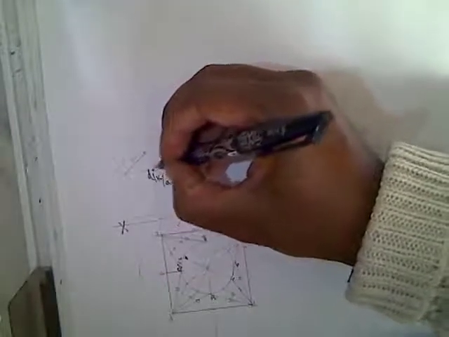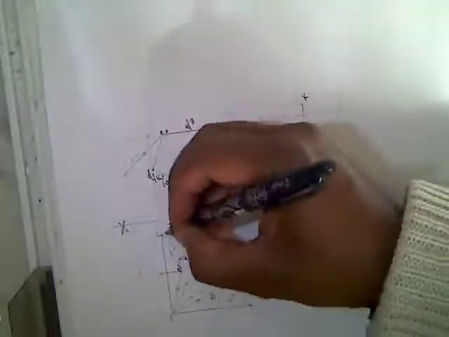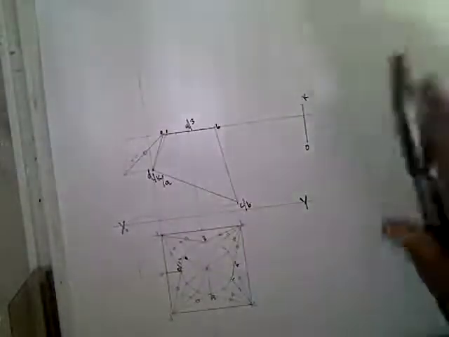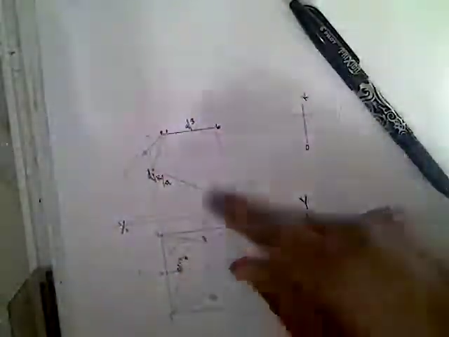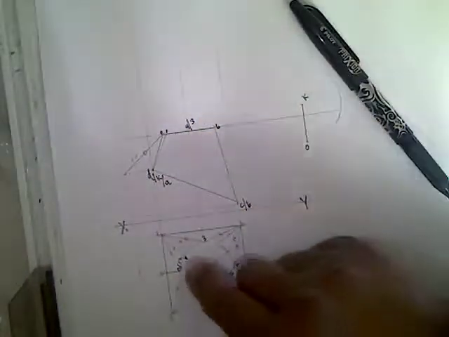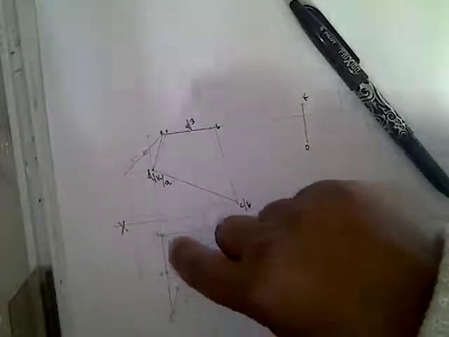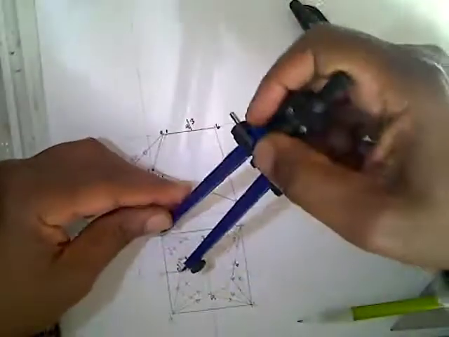K is here. D is here. 1A is not parallel to the ground line. So I will rotate 1 and make it parallel to the ground line. Whether I rotate that one or any one, I will rotate any one. So for interest's sake, I will rotate 1, not A.